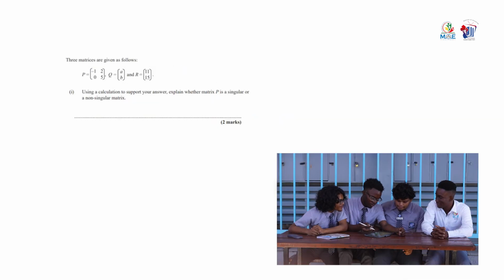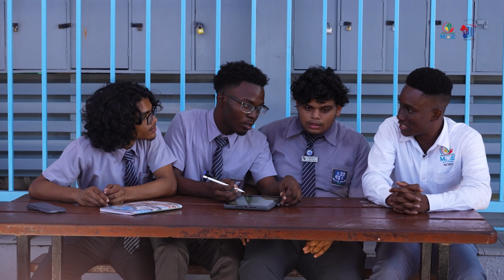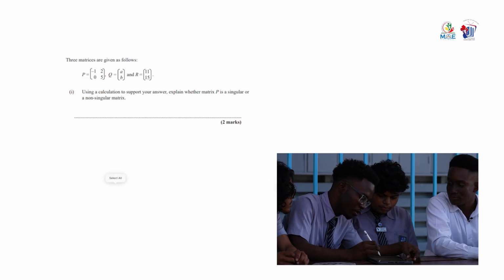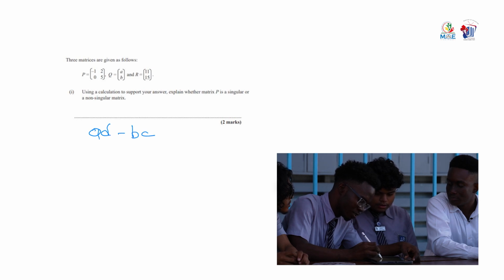Okay, so to know if P is a singular or non-singular matrix, we have to know if the determinant is 0 or not 0. Right? And if it's 0, what does that mean? It's a singular matrix. If it is not 0, it is not a singular matrix. To find the determinant of P, we use AD minus BC.